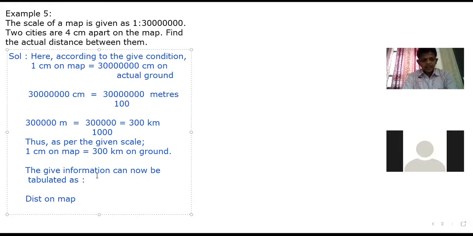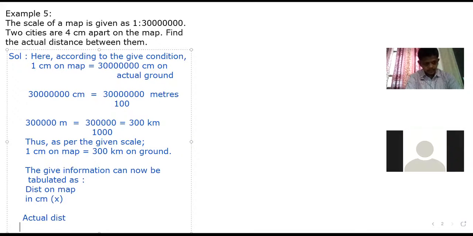Distance on map in centimeters is going to be our x, and actual distance in kilometers is our second quantity y. Yes or no? Yes, sir.